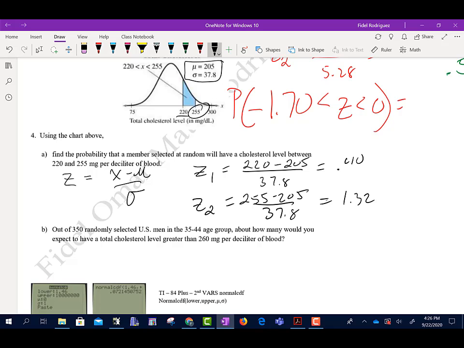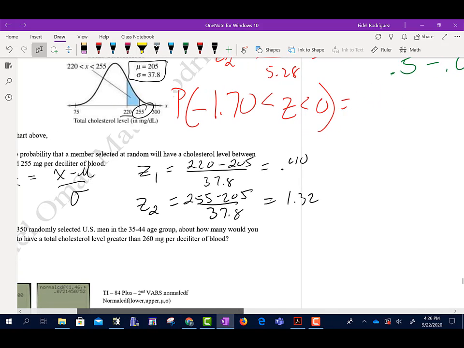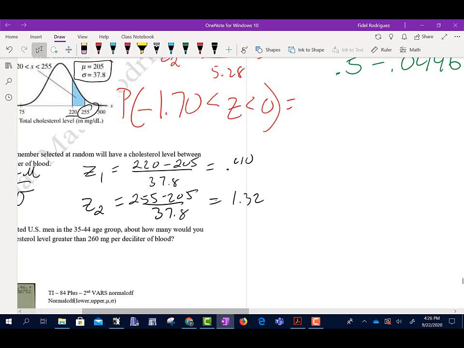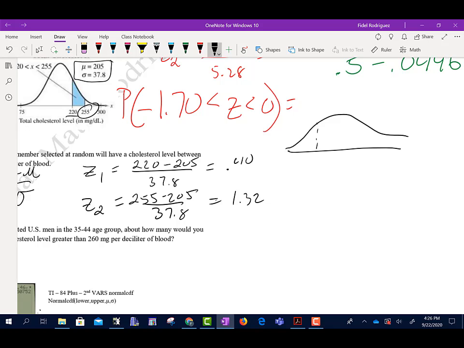Now what we're trying to do is draw my normal curve. Oops, it's a positive 0.40, isn't it?